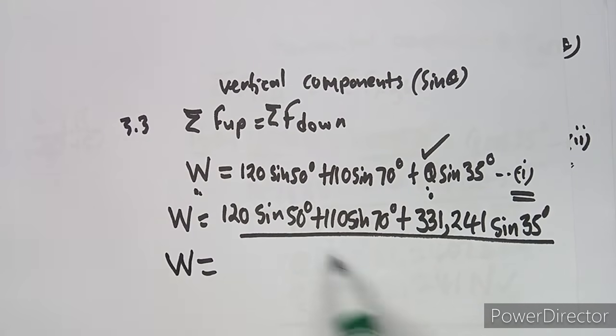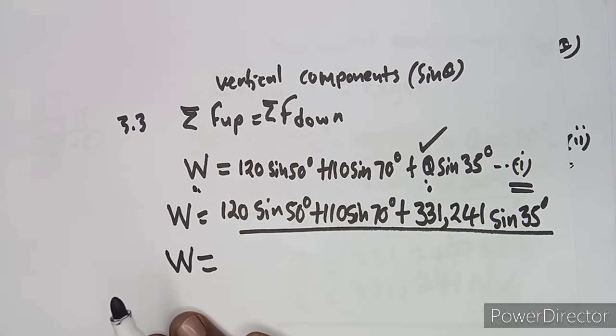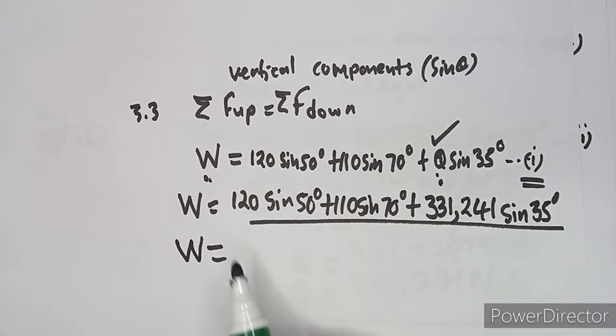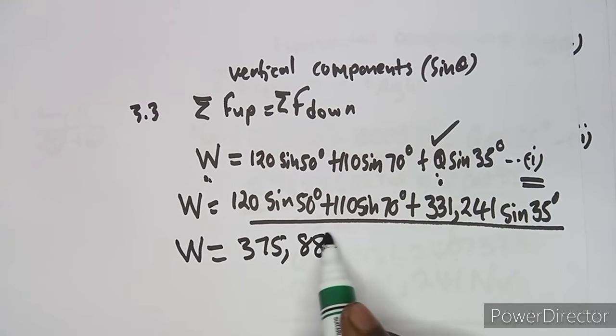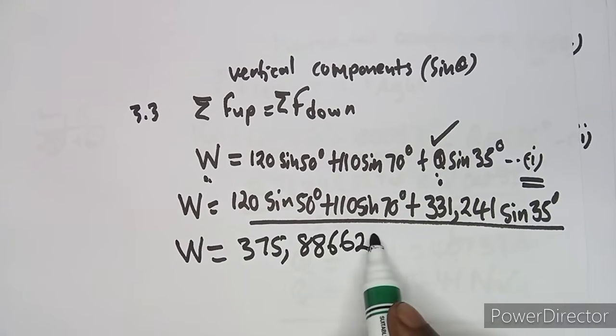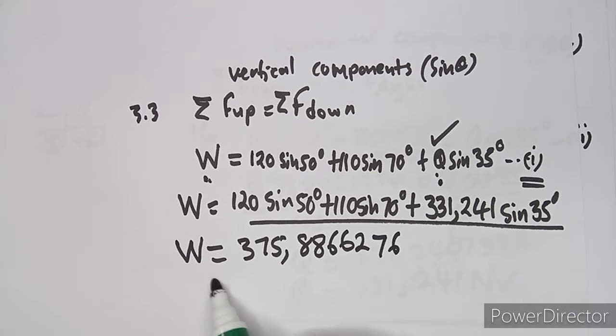Because I didn't round off my answers with another degree of accuracy, I'm going to obtain something like 375,866,276. All right, so the degree of accuracy again, I'm going to round off this maybe to 3 decimal places, just like what I did.